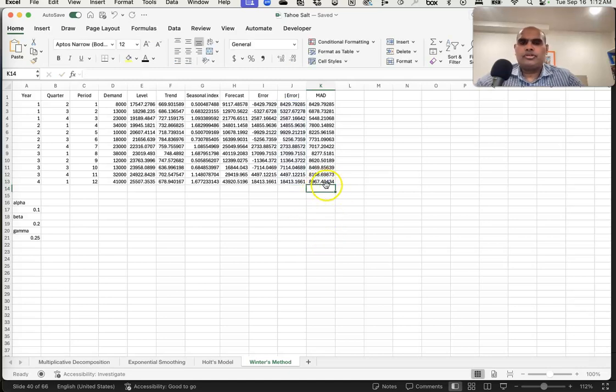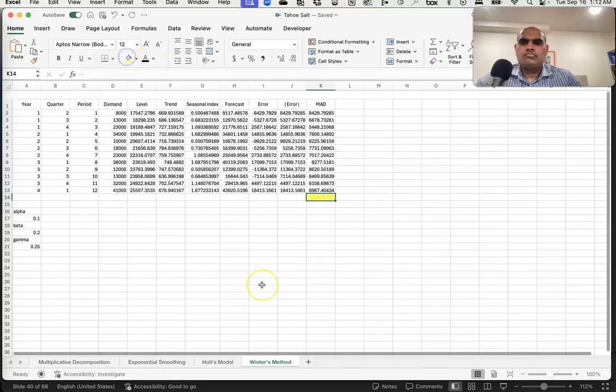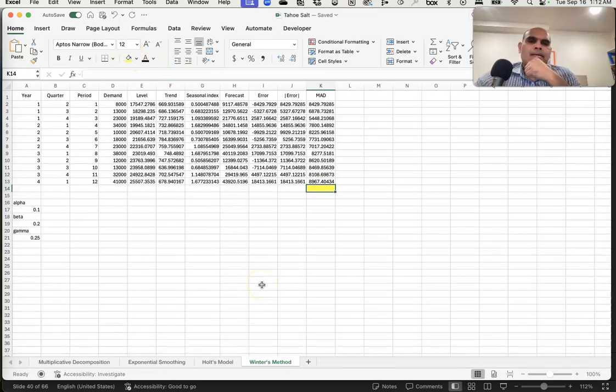So that's the mean absolute deviation for this method here. All right, and that's it. And that's the Winters method.